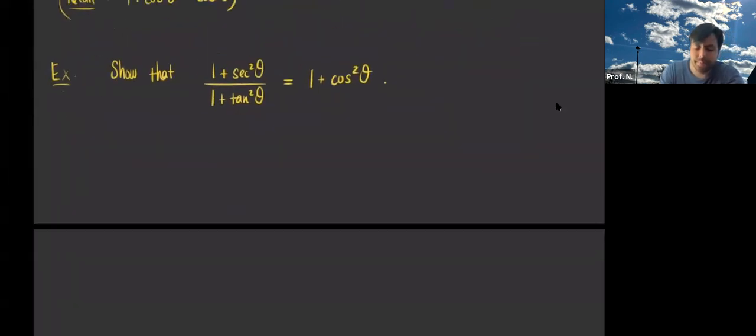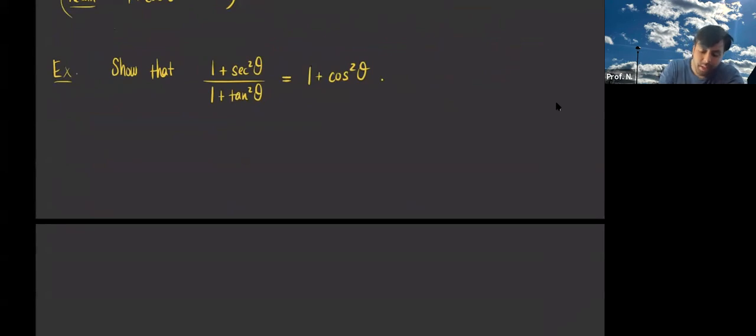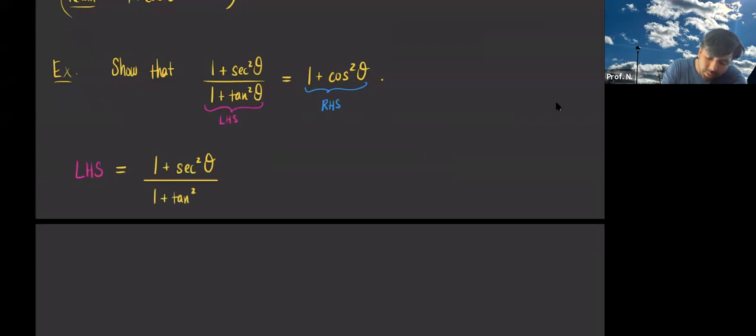I want to show this to be true. So again, left-hand side, right-hand side. The left-hand side equals 1 plus secant squared theta all over 1 plus tangent squared theta.